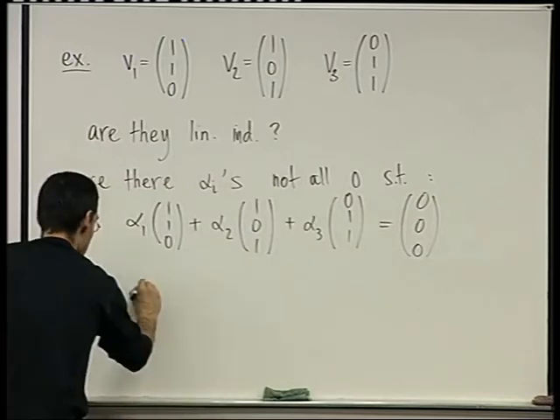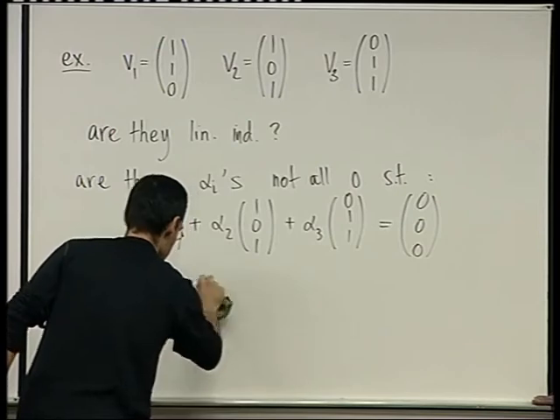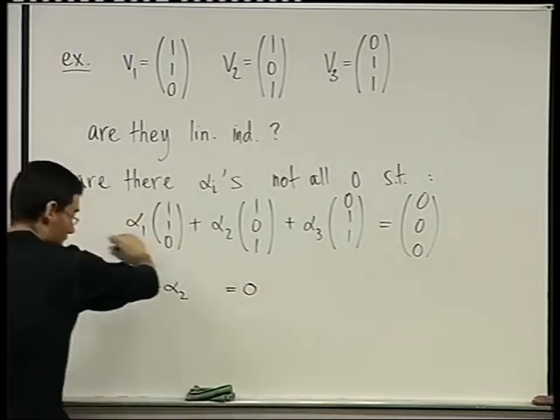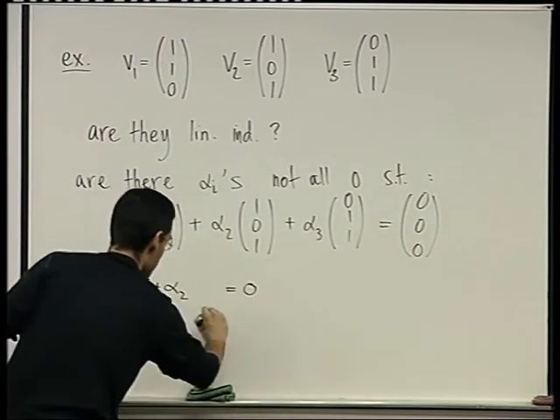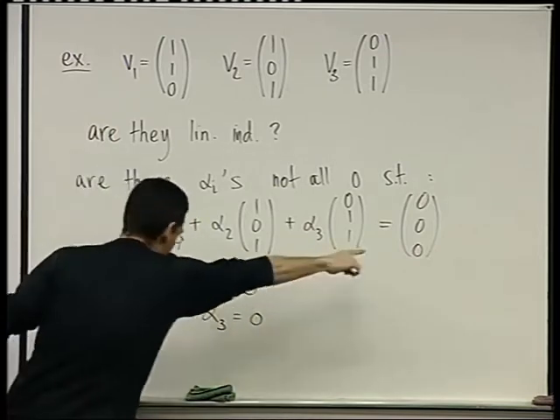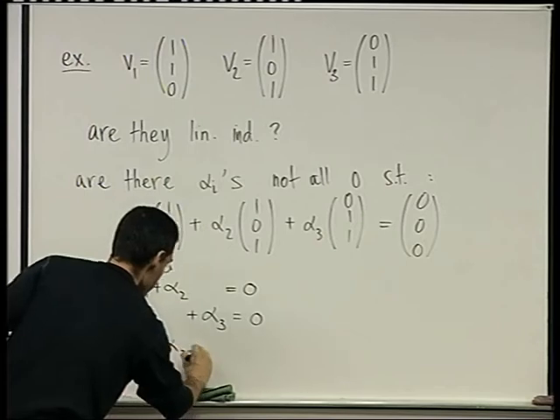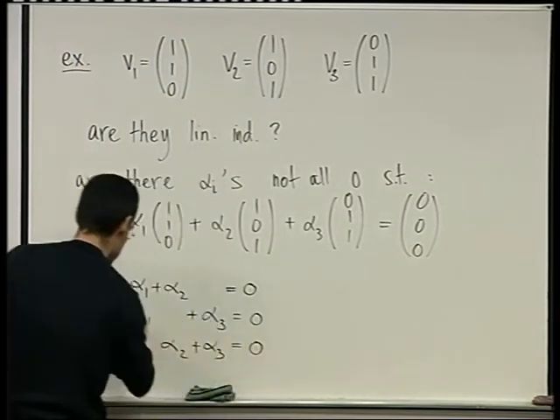So alpha 1 plus alpha 2, let's leave a space for alpha 3, has to be 0. Do you agree? And in the second entry, alpha 1 plus alpha 3 has to be 0. And in the third entry, alpha 1 times 0, alpha 2 plus alpha 3 has to be 0.